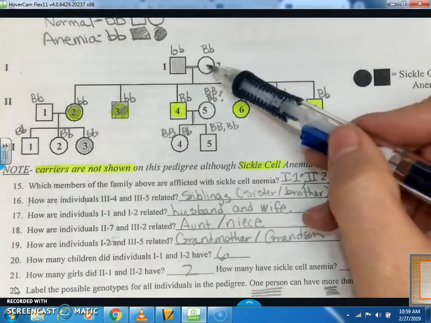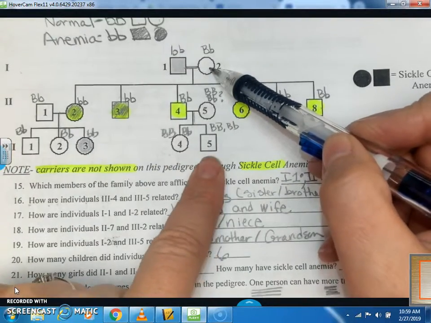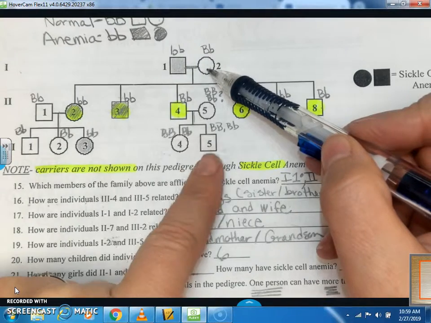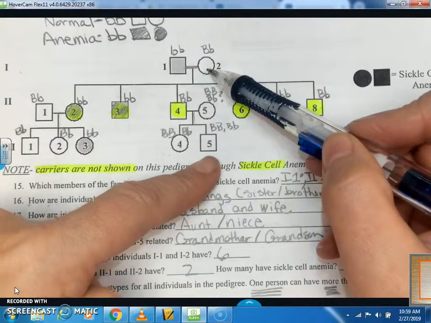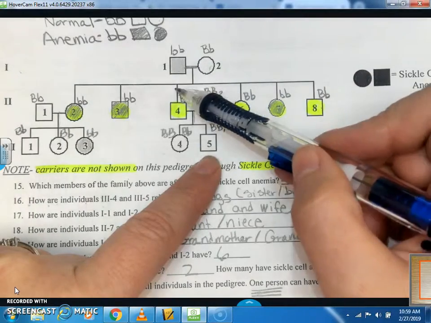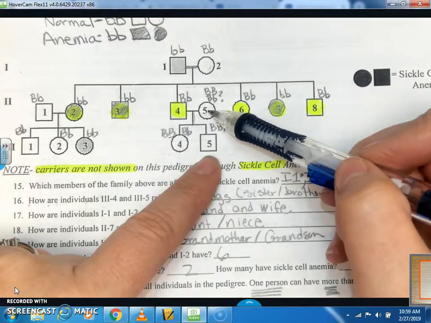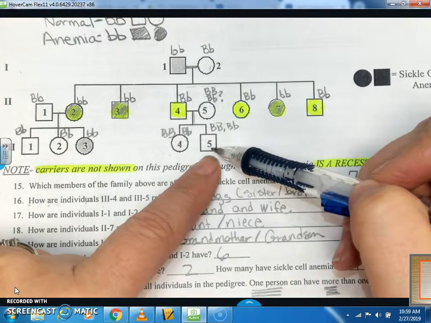How is this person and this person related? So it wants to know this lady and this boy, how are they related? Well, let's take a look. This lady had this son, and this son was with this person, and they had this son.